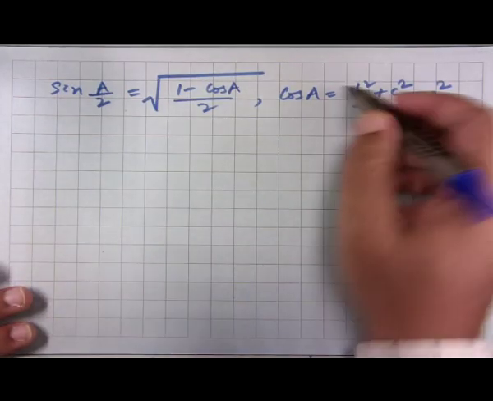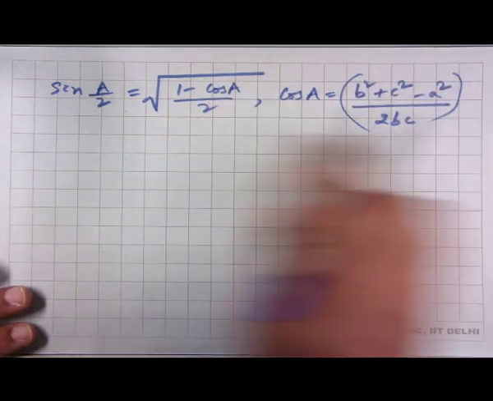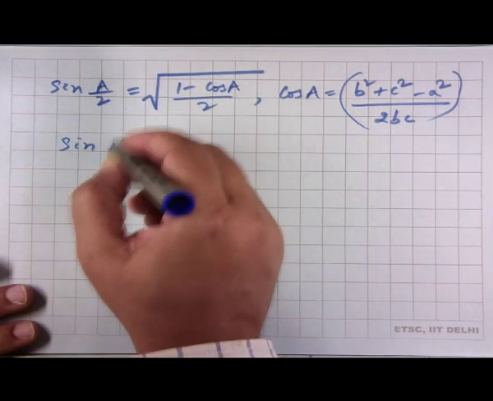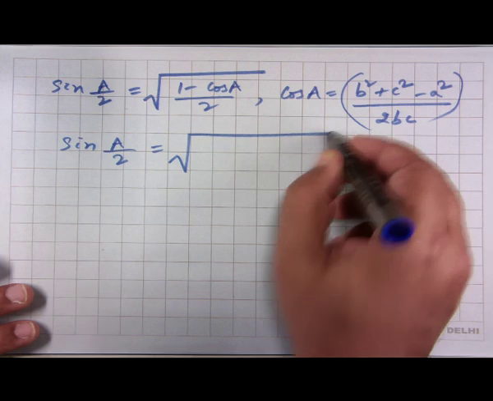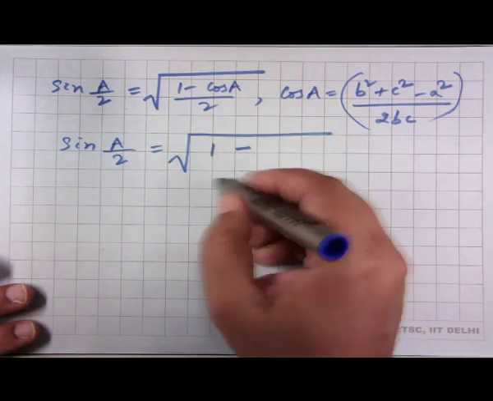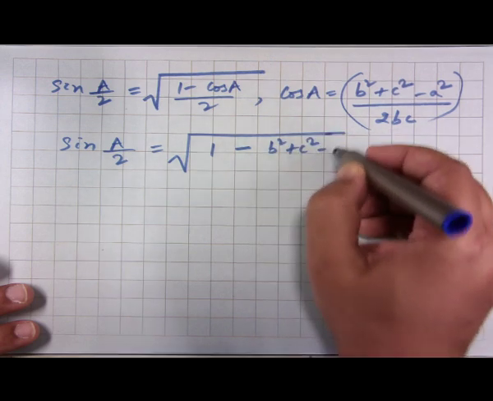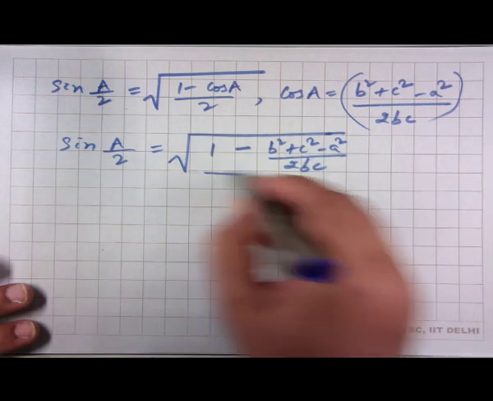So, we will replace this cosine of A here with this expression. When we do that, we get that sine of A over 2 is equal to the square root of 1 minus (b square plus c square minus a square over 2bc), all over 2.